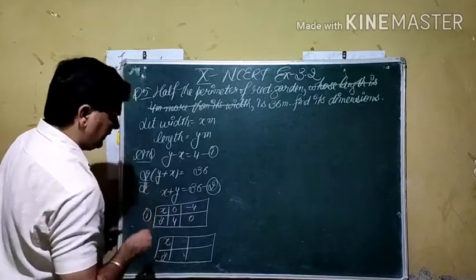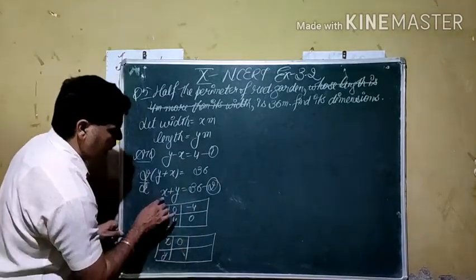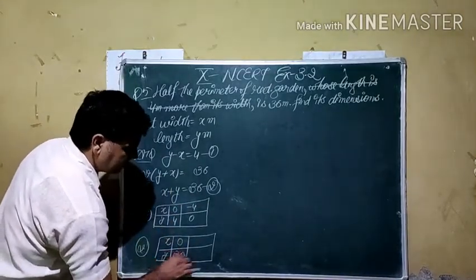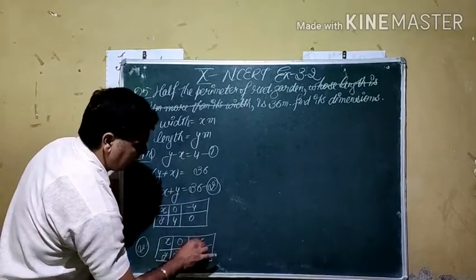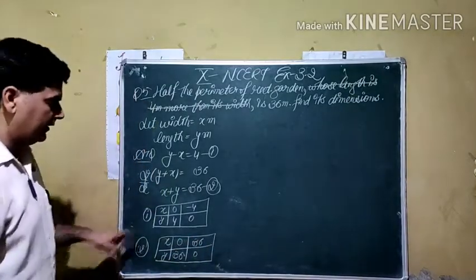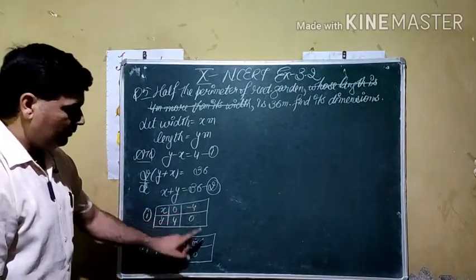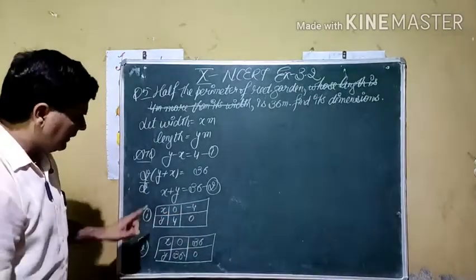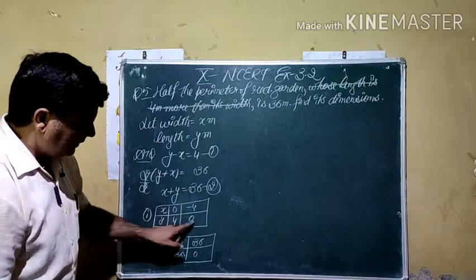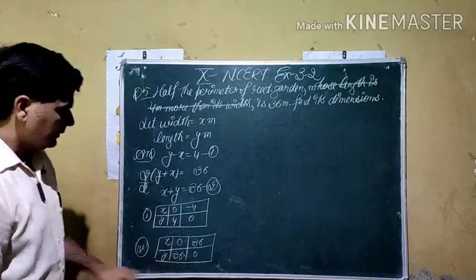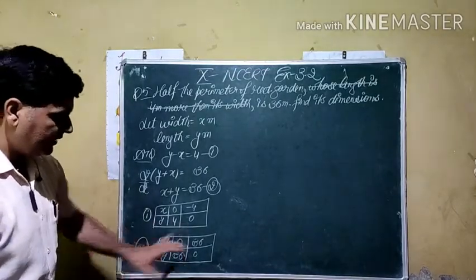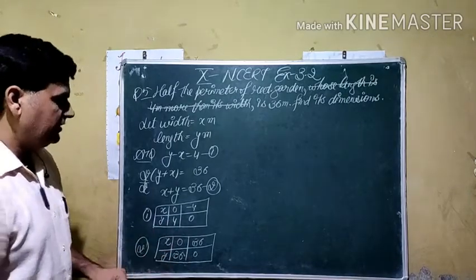For the other equation, if x is equal to 0, y becomes 36. If y is equal to 0, x becomes 36. The highest value of x is 36, the lowest is minus 4, both in the table of 4. For y, the lowest value is 4 and the highest is 36, with 0 also there. All the values come in the table of 4.